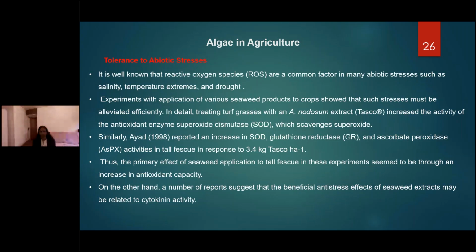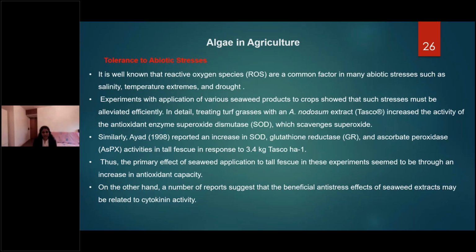Similarly, an increase in SOD, glutathione reductase and ascorbate peroxidase activities was reported, responsible for 3.5 kg per hectare. So the primary effect of these seaweed applications in rescuing the plants in these experiments seems to be through an increase in antioxidant capacity.